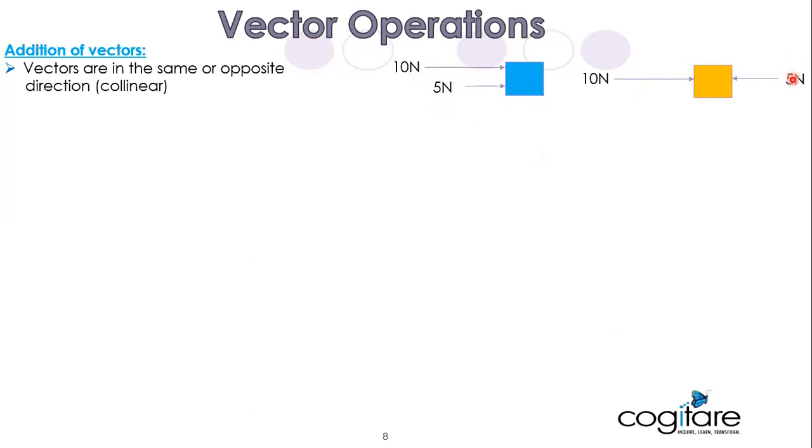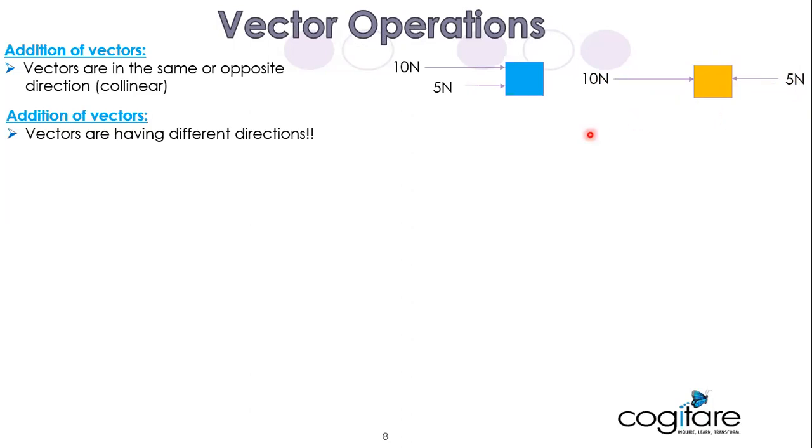Here it is 5 Newton along the negative direction of the x-axis. The addition of vectors will lead to plus 5 Newtons along the x-axis, because here it is 10 minus 5. Minus 5 indicates that this is a vector acting along the negative x-axis. So 10 minus 5 would be plus 5 towards the positive direction of the x-axis.